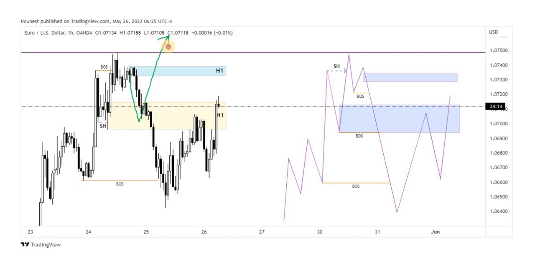But what happened? Price traded through. So this is a failed order block, and we refer to it as a breaker block.